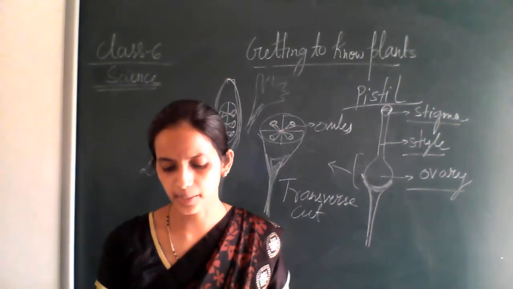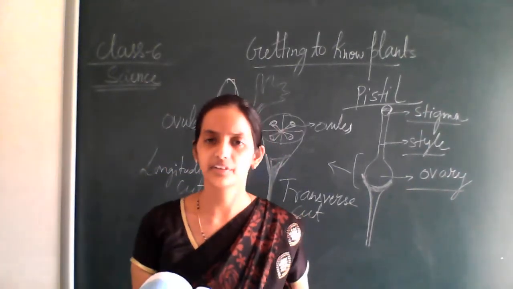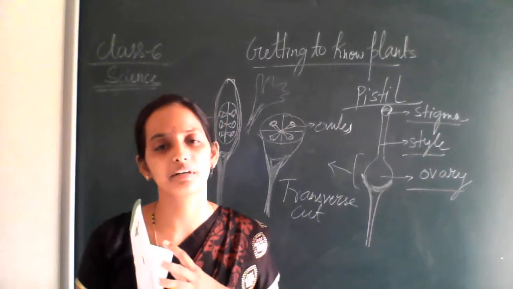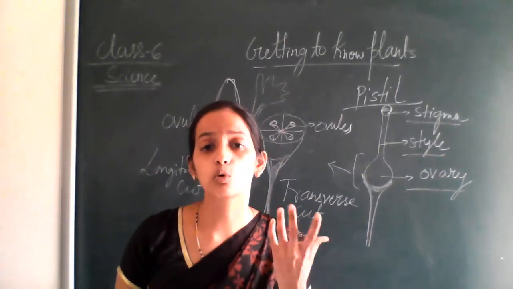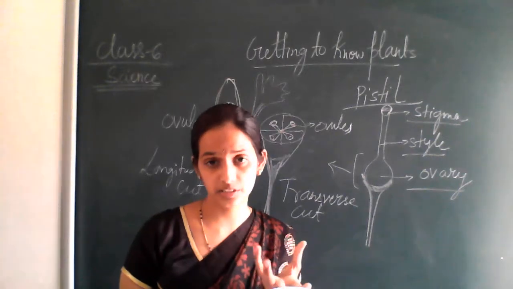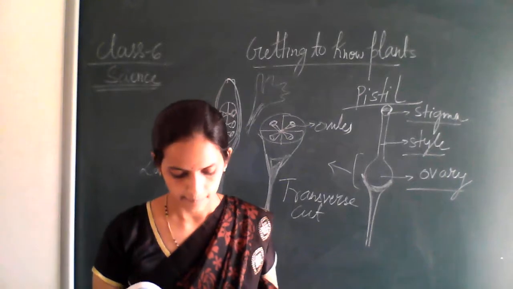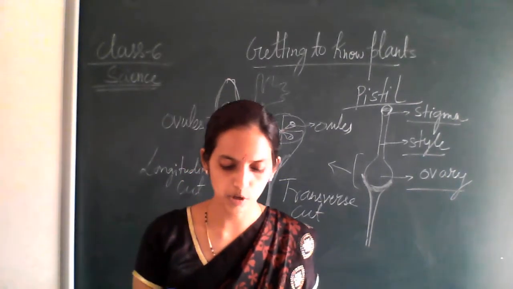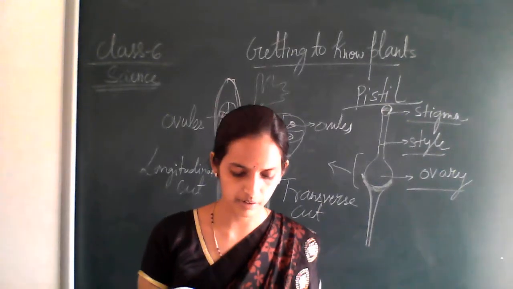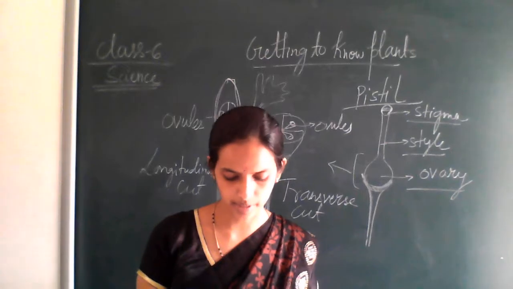The number of sepals, petals, stamens and pistils may also be different in different flowers, right? Some flowers may have only 4 petals, some have more than 10, 20 petals. So it depends upon the different flowers. Some of these parts may even be absent at times.